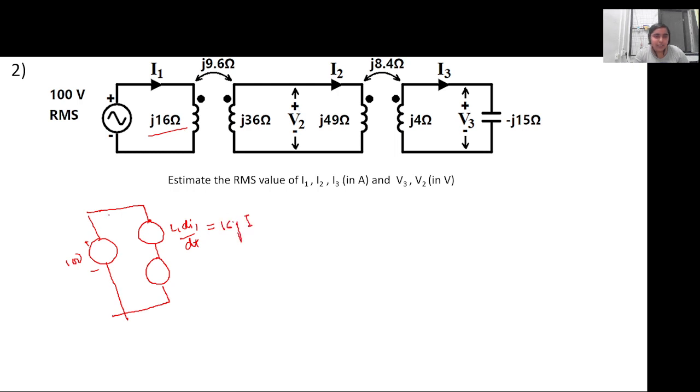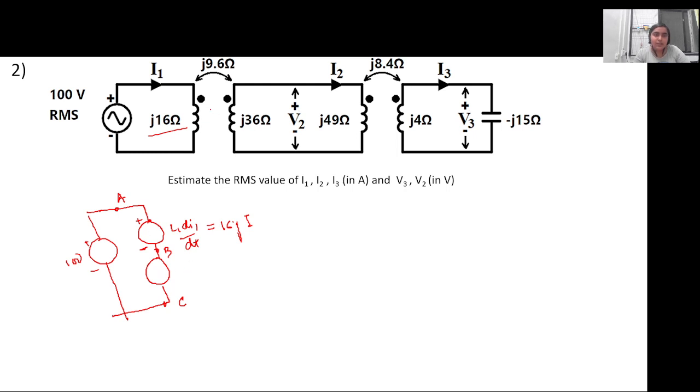How will the sign be? Let's say this is A, this is B, this is C. So A will be positive, yes, because the current is entering through this direction, so there is a voltage drop.